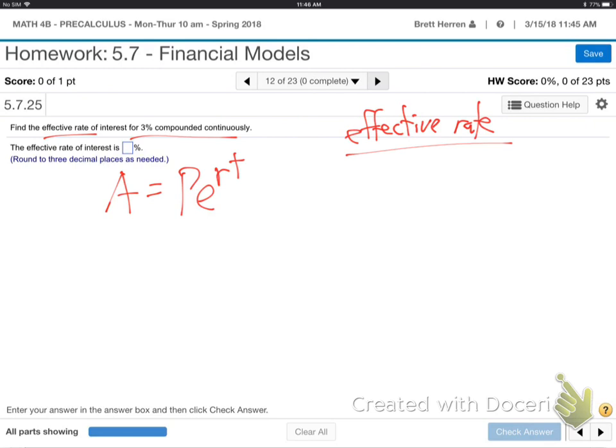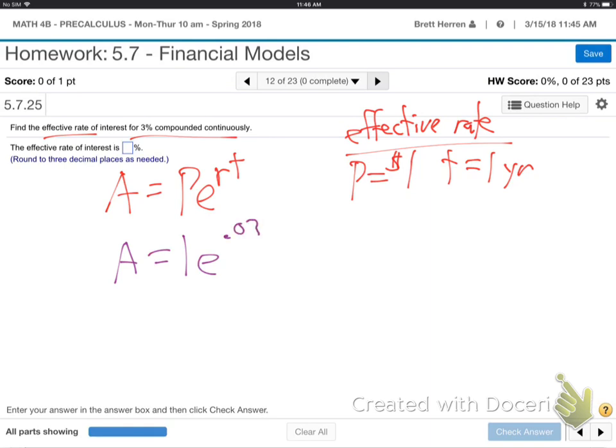Effective rate. What do you always do for effective rate? So you want to really remember it. I mean, you want to put that on your 3x5 card. There will be an effective rate question on the exam. Effective rate, $1 1 year, right? Find the effect on $1 for 1 year. What's going to happen to $1 after 1 year? So I'm going to put in $1.